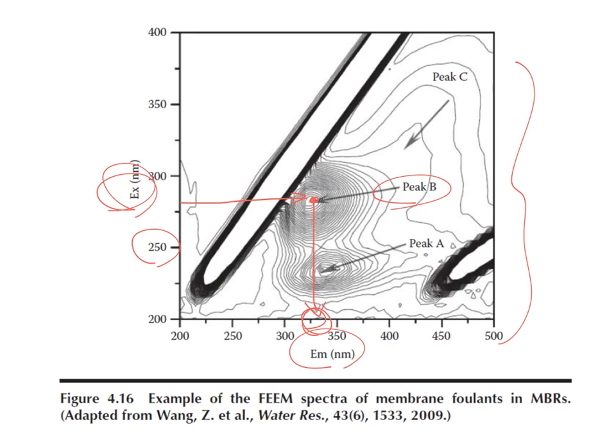So by having this kind of result, you can see how much protein exists, how much polysaccharide exists, how much humic-like organic matter exists. That kind of information can be obtained by doing this analysis. So this is why FEEM spectroscopy is powerful, especially when you want to analyze organic fouling in the membrane system.